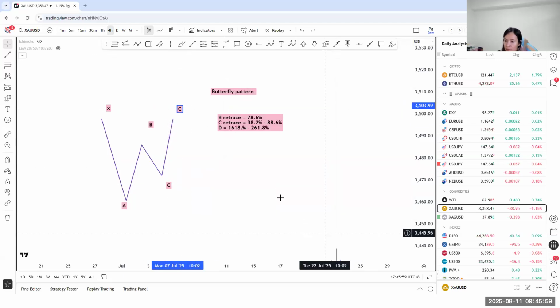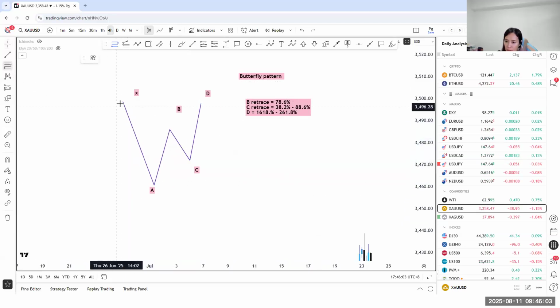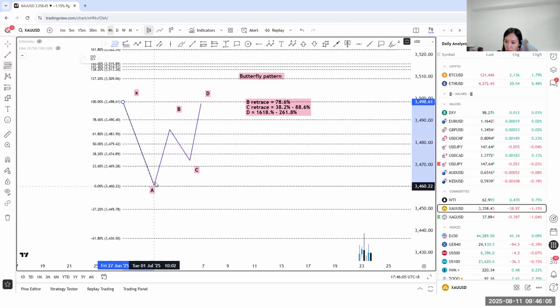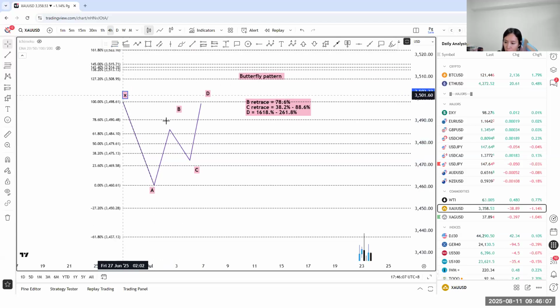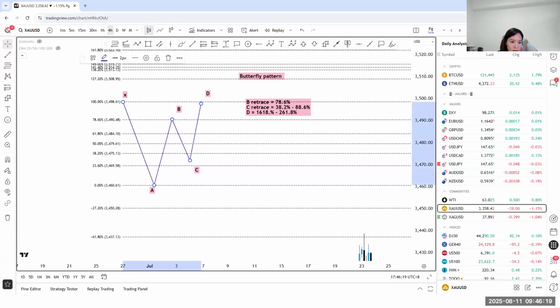So how are you going to measure? Pull the Fibonacci from X to A. The important thing is B has to retrace 78.6%. Yes, 78.6% right here.